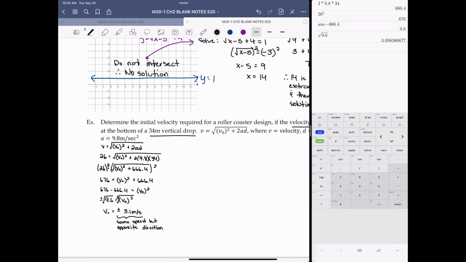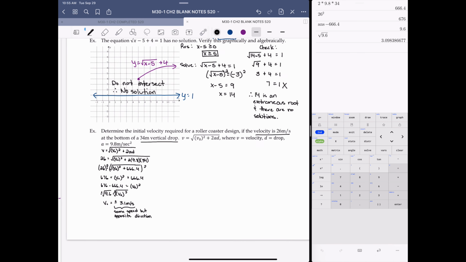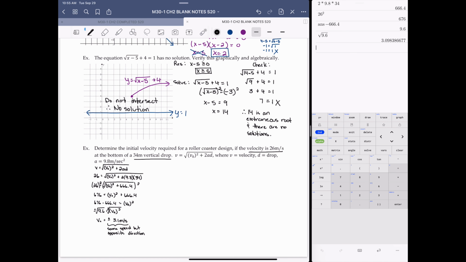If we look at our question, it says determine the initial velocity required for a roller coaster design if the velocity is 26 meters per second at the bottom of a 34-meter vertical drop. So since the velocity at the bottom of the drop is positive 26 meters per second, I would say that the initial velocity of the roller coaster should be going the same direction as it is at the bottom of the drop. So that would be a positive velocity.